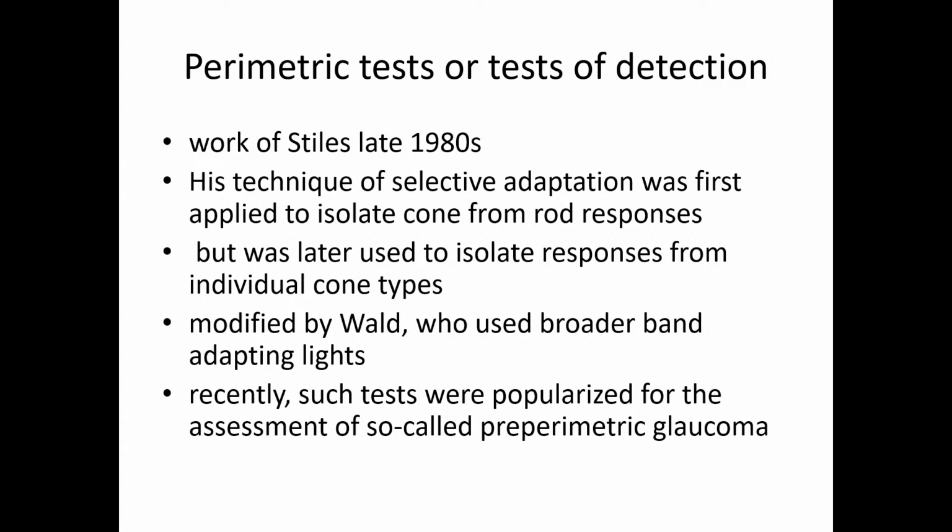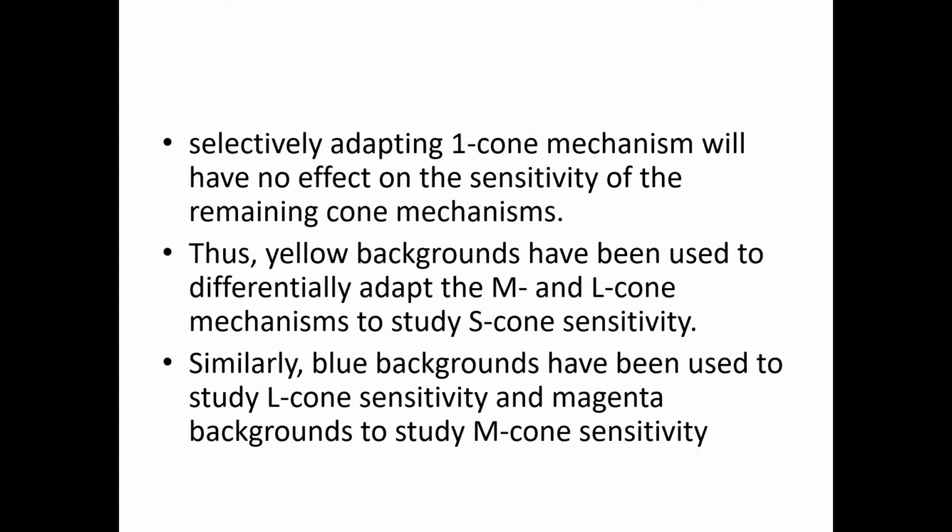Recently such tests have been popularized for the assessment of so-called pre-perimetric glaucomas. Selectively adapting one cone mechanism will have no effect on the sensitivity of the remaining cone mechanisms. So if one cone is selectively adapted, it will not have an effect on the other cones.